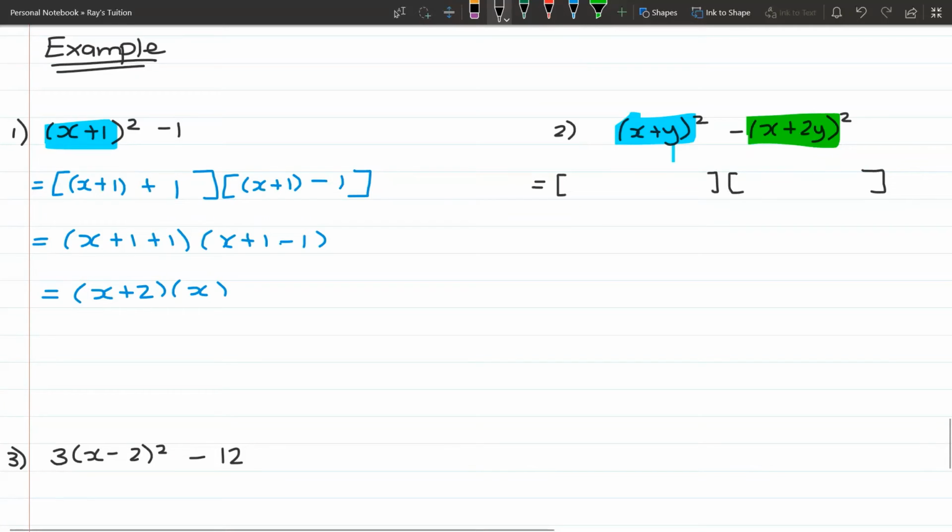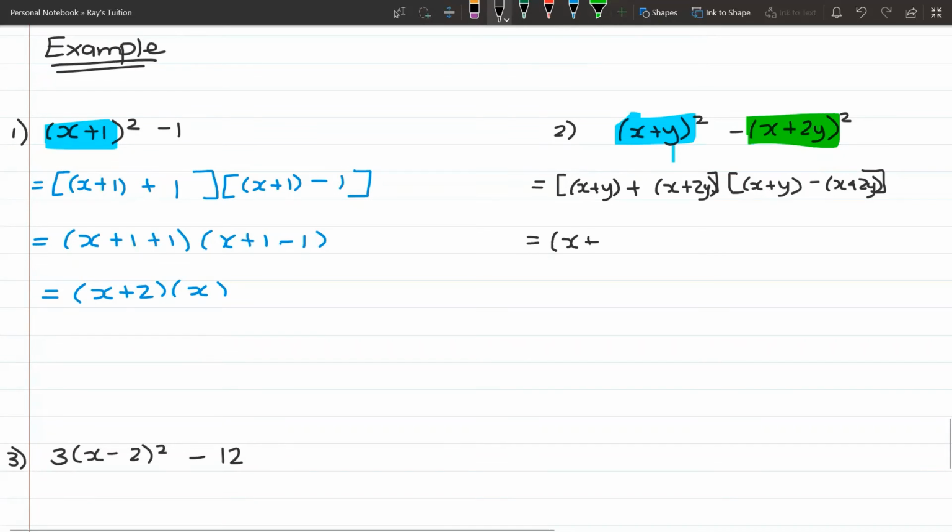The square root of the first term, (x + y)², is x + y. Then we're going to put the square root of the second term, (x + 2y)², which is just x + 2y. And then we're going to put a plus and a minus. So let us simplify this.